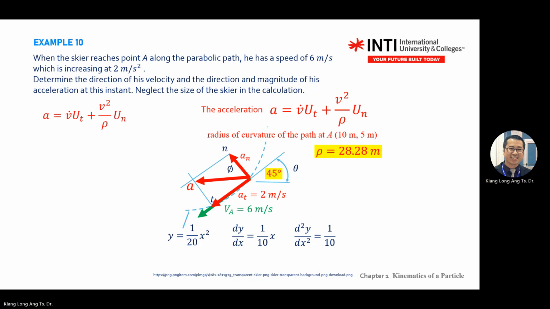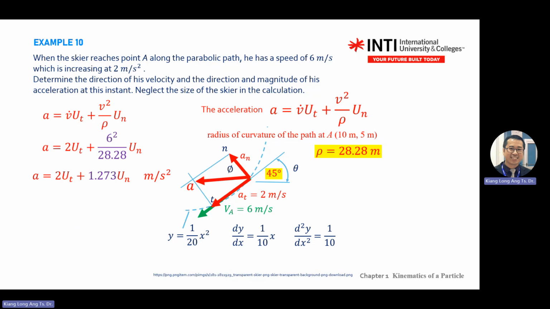So you substitute V, given as 6. Rho you calculated as 28.28. So you arrive at one equation for A: A equal to 2 UT plus 1.27 UN meters per second.